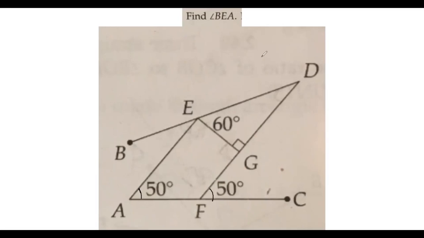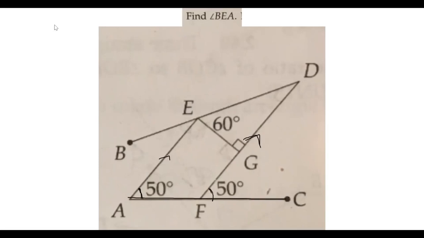Well, we can see that AE and FD are parallel. These are parallel lines because these corresponding angles from this one transversal give the exact same angle. So that must mean that the two lines are parallel.